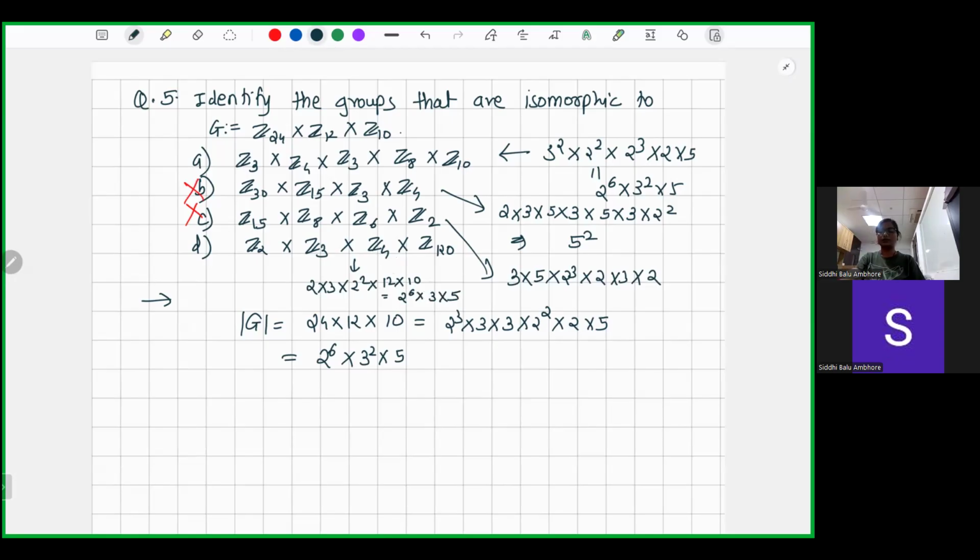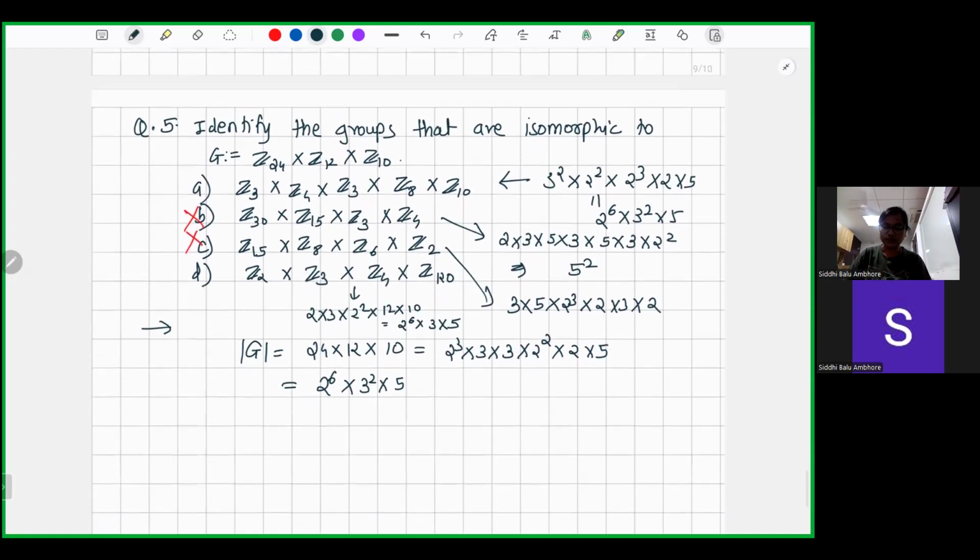Yes, this is equal. 12 is 2 square into 3. So 3 and 5, and from 3 and 2 from 12, 1 from 10, I get 6 twos. So these are possible, and yes, these two have cardinality equal.